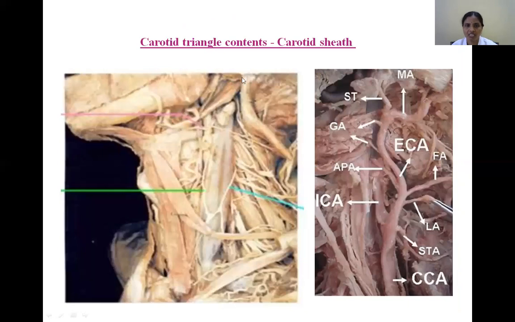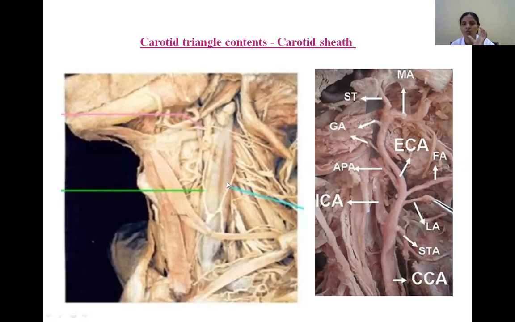Now, a little bit we'll see what the carotid triangle structures are. Already we discussed the great vessels of the neck, meaning the blood supply of the neck. Here I want to discuss the important structures. After removal of the skin, immediately on the surface of the carotid sheath, there is an important nerve plexus in the form of a nerve loop, otherwise called the ansa cervicalis.